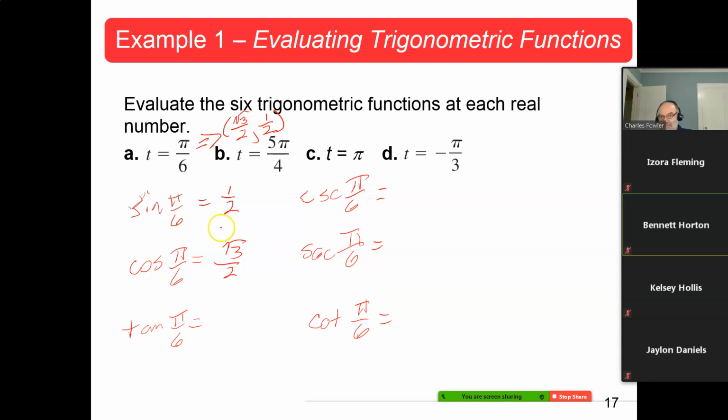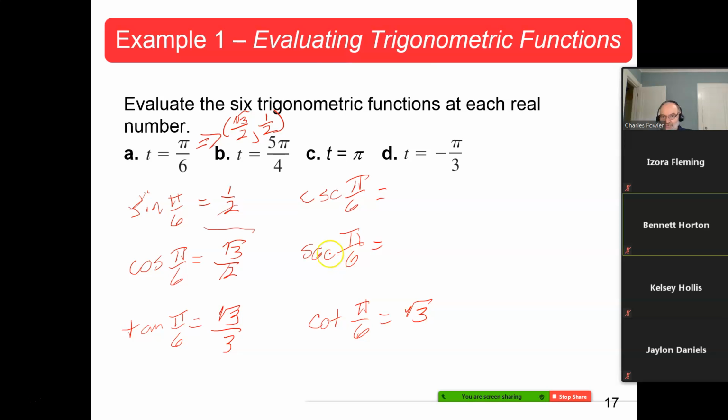Tangent is the ratio of that. That's why I write them like this. Just imagine putting a ratio here, wiping out the 2's, and it's 1 over root 3, which we can also call root 3 over 3. What's cotangent? I like to come across here now. And remember, we call that 1 over root 3. The cotangent is the reciprocal of tangent, so that is root 3 over 1.